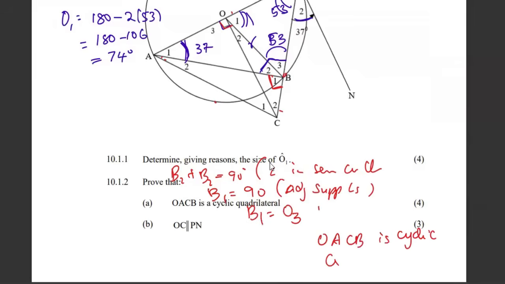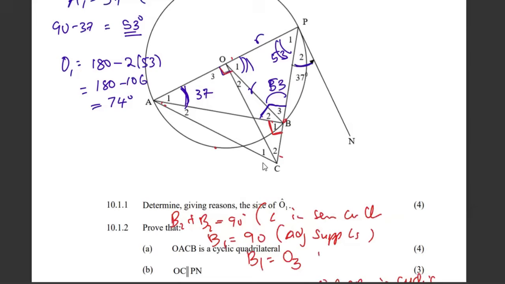Reason: the converse of angles in the same segment. And then they want us to prove that OC, okay, is parallel to PN. So when you're dealing with parallel lines, you just have to use co-interior, corresponding, alternate, and all those things. So the best will be the corresponding.